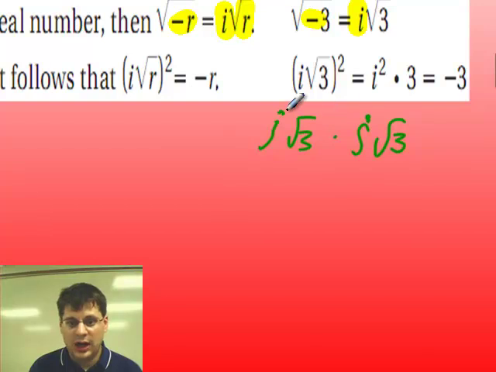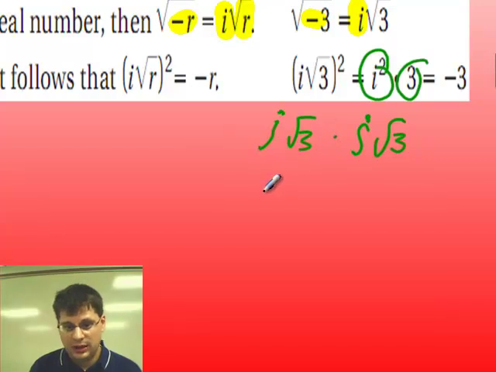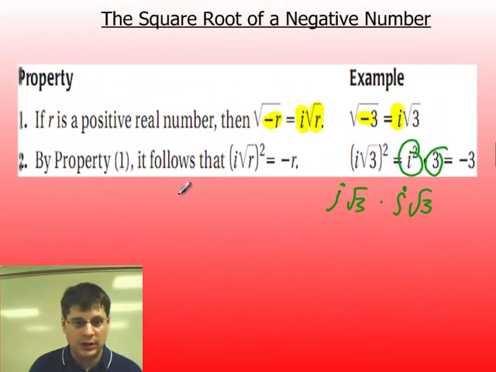And i times i is going to give us i squared, and then square root of 3 times square root of 3 is 3.